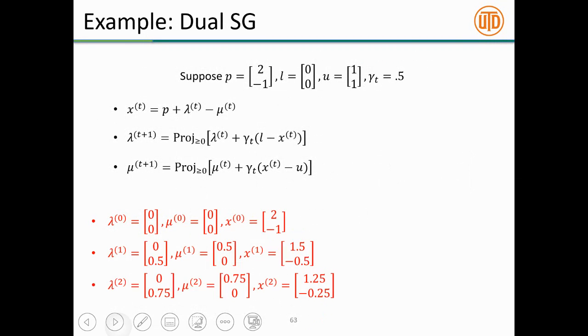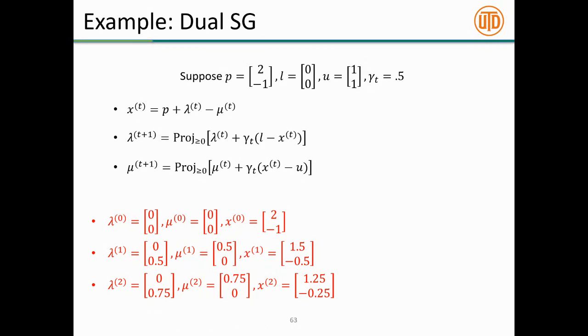I iterated it a couple of times in the slides, just so you can see what this process would look like. Say you start off with p equals (2, -1), and you'd like to project that onto the box defined by x greater than or equal to 0 and less than or equal to 1, with a step size of 0.5. In practice you should probably pick a diminishing step size, but here it converges with a fixed step size because everything is nice and smooth.